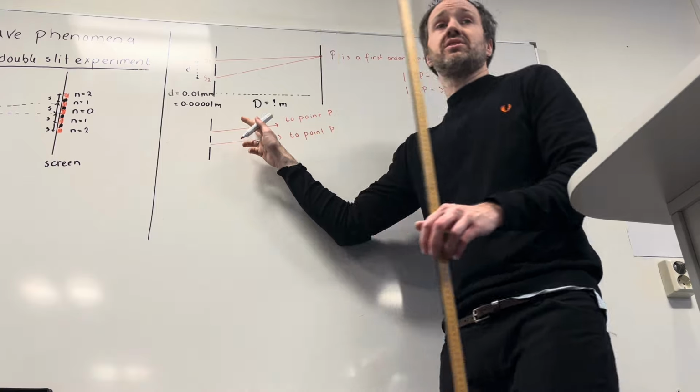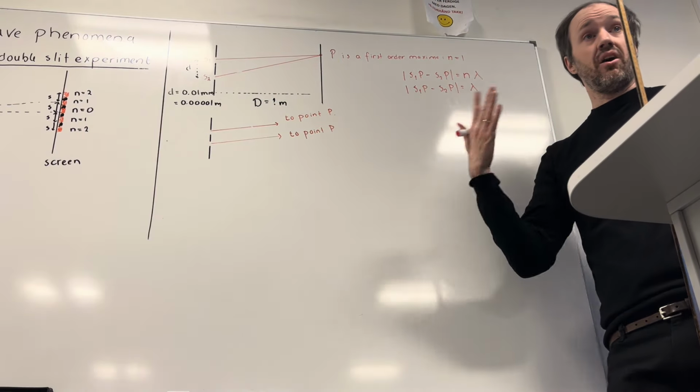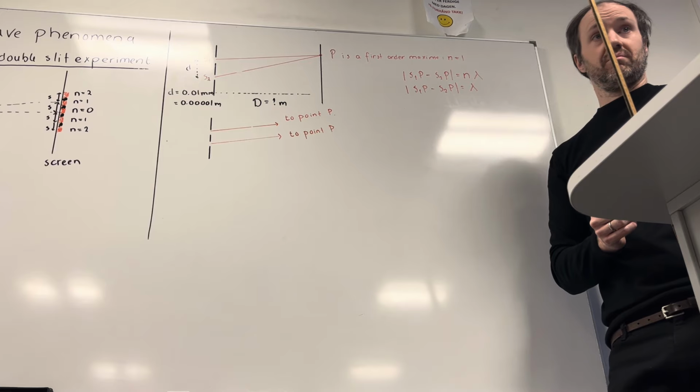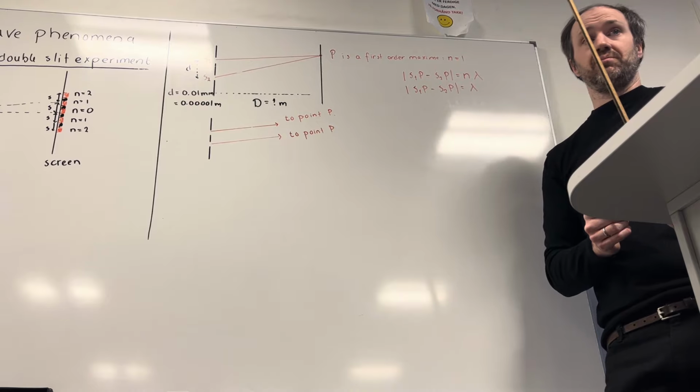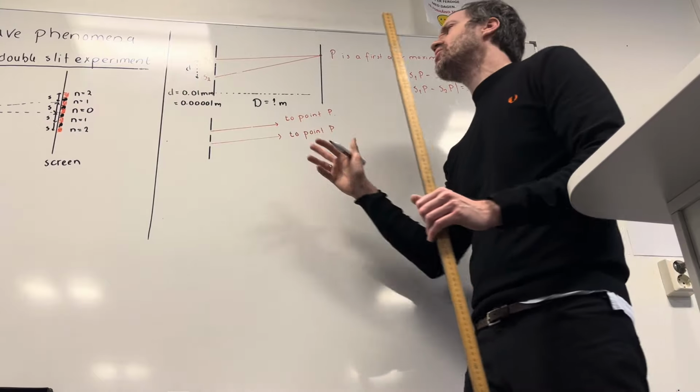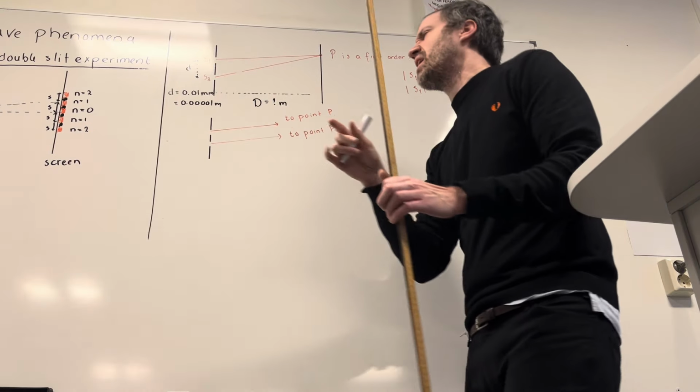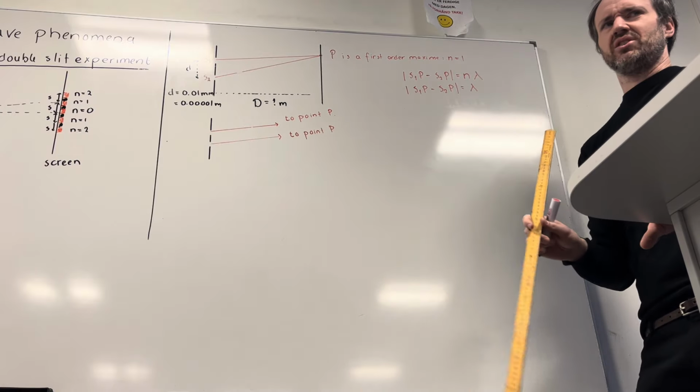So even though it doesn't look like it, they are meeting up at point P. Well, that's a small angle approximation as well then. Now I'm trying to draw it to scale. I haven't done the small angle approximation yet.